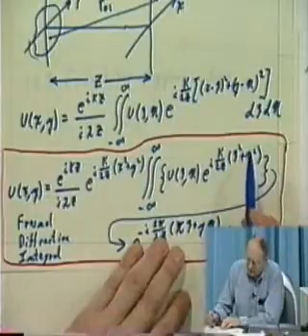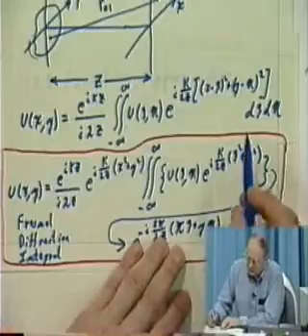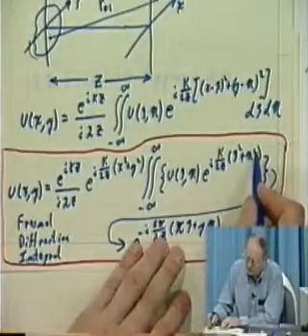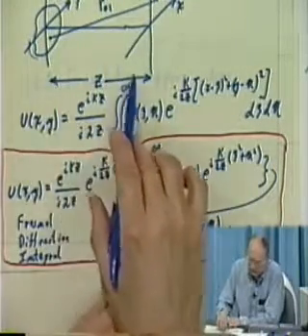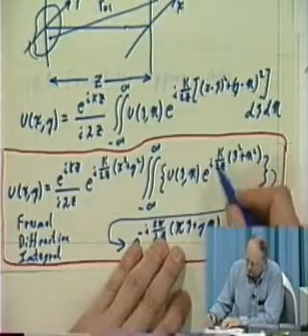And for the Fraunhofer approximation, what we're going to assume is that either the maximum size of the aperture is sufficiently small, or z is sufficiently large that we could neglect this term right here.